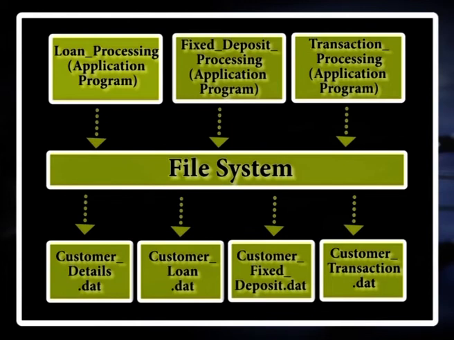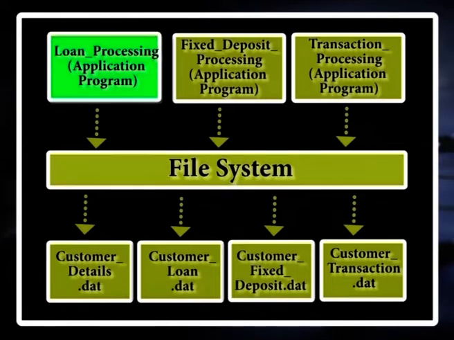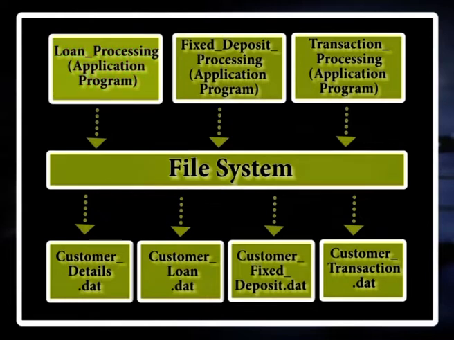The end users use the application programs to perform specific tasks. For example, personnel in the bank's loan department make use of the loan processing system to process the loan of a customer.